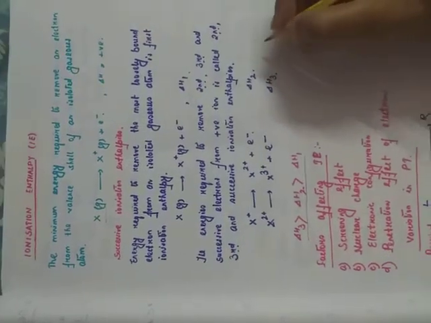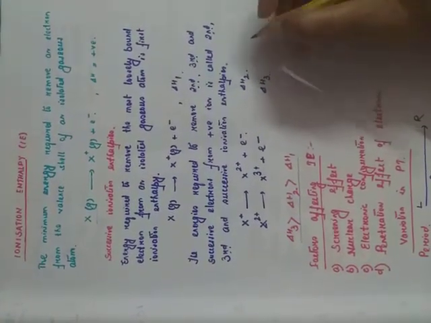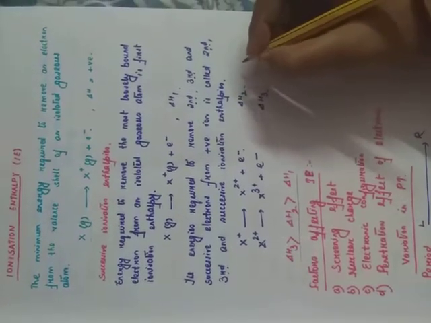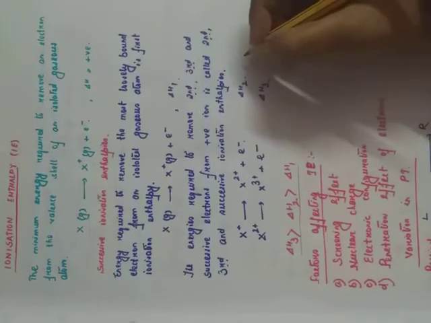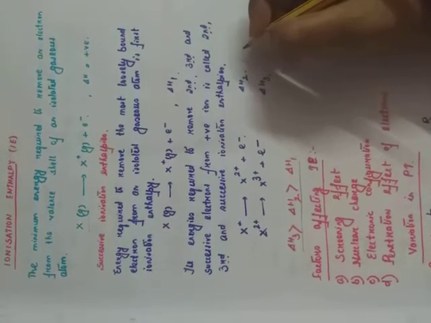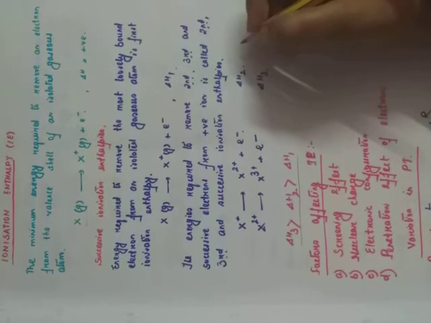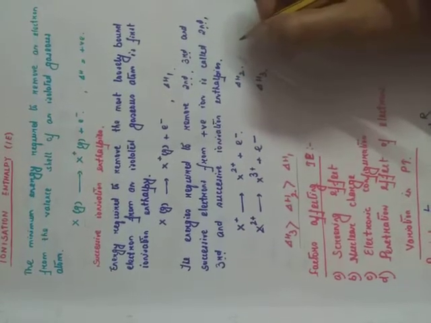Some important features are: this ionization enthalpy is a measure of the tendency of an atom to lose the electron. That is, the atom which has a tendency to lose the electron will have a low ionization enthalpy.